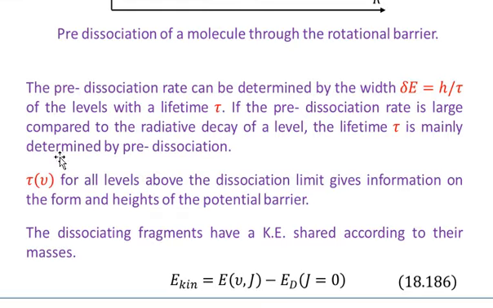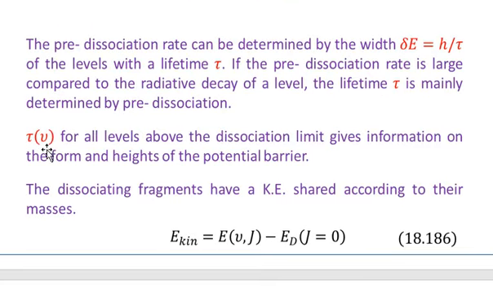If the pre-dissociation rate is large compared to the radiative lifetime of the level, the lifetime tau is mainly determined by the pre-dissociation, that is, mainly determined by the value of the centrifugal potential or the rotational barrier.